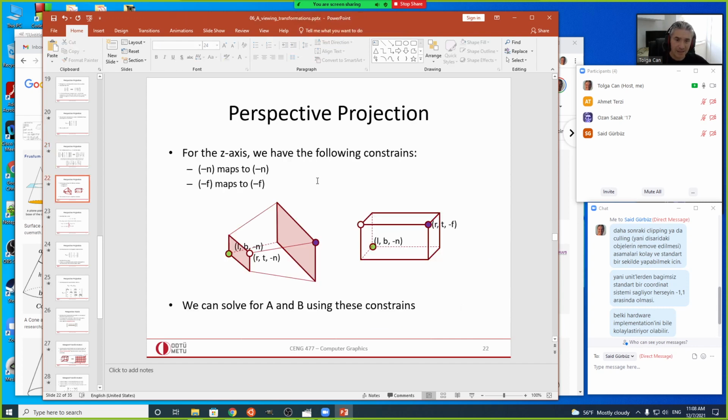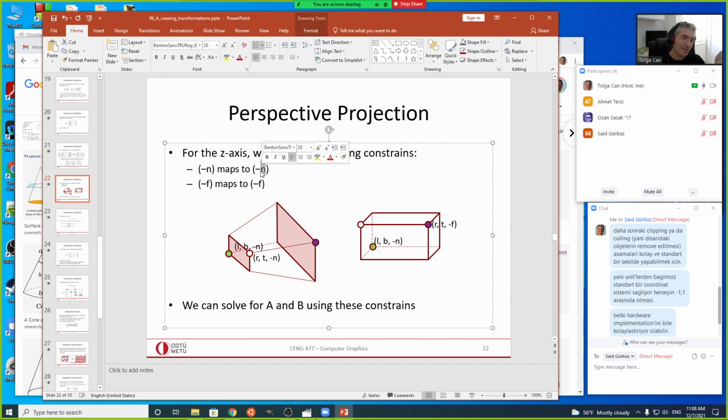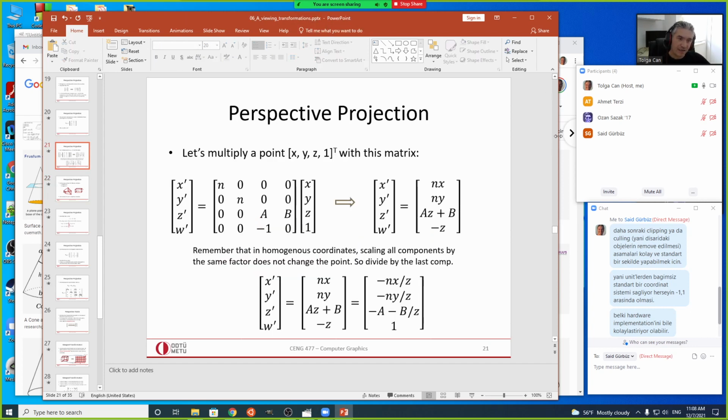Now, for the z-axis, the solution sketch follows the exact same derivation that I did. We want minus n to map to this, minus f maps to f, and everything in between. Actually, I also forgot about, the second step already takes care of, okay, sorry, just forget this thing that I did, the linear change to between -1 and 1.